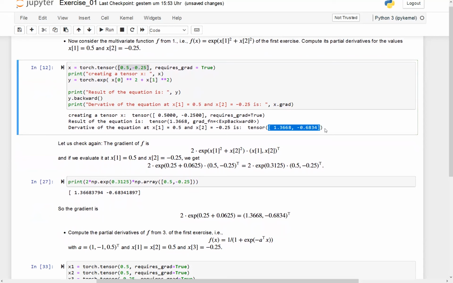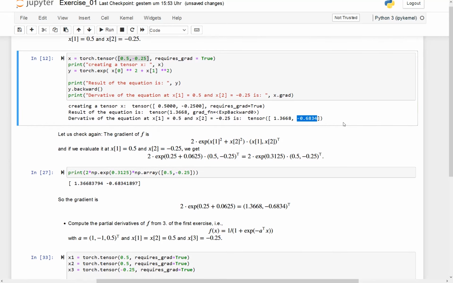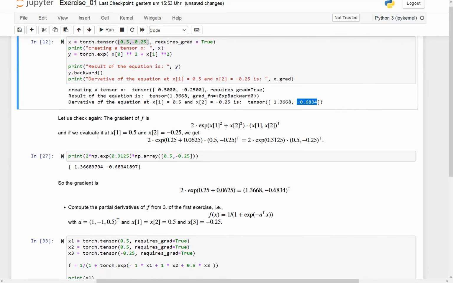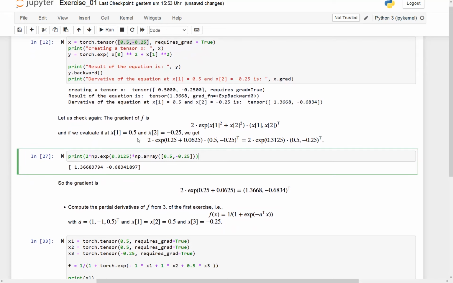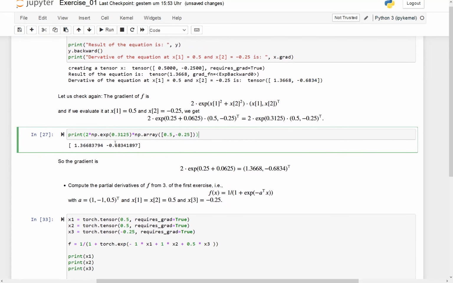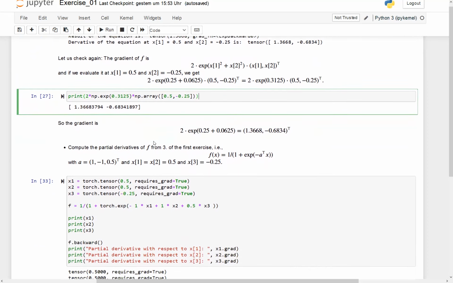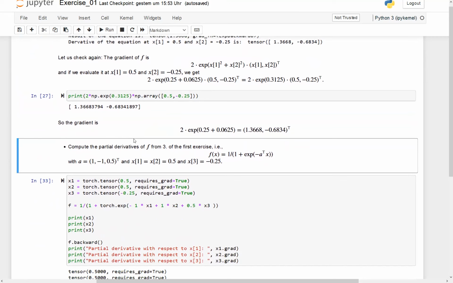First, the gradient at that point is that, and the gradient in the second one is that. We can again check it, and we will find out it's indeed the correct one.